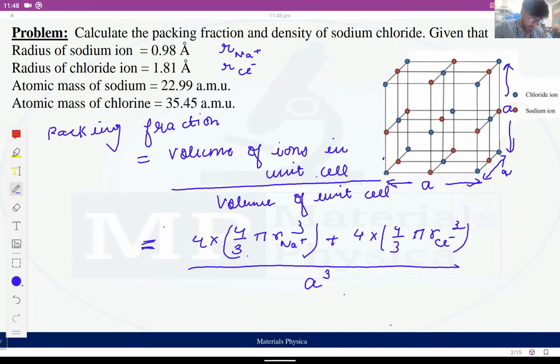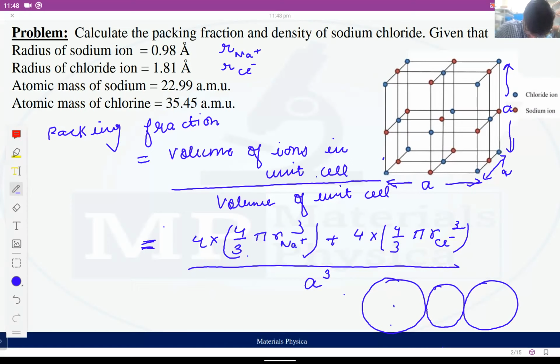So now we have the values of R_Na and R_Cl, but we have no value of a. For the value of a, we can see in this figure: this is the chlorine ion, this is the sodium ion, and this is again a chlorine ion. So the distance between the centers of adjacent chlorine ions is a, the lattice parameter.